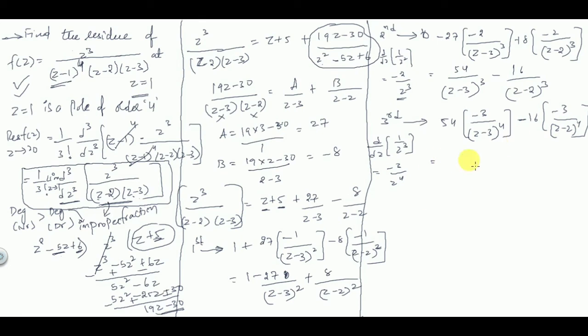So it becomes 16 threes are 48, 48 by z minus 2 whole to the power of 4, minus 54 into 3 is 162, 162 divided by z minus 3 whole to the power of 4. So this is f triple dash of z.